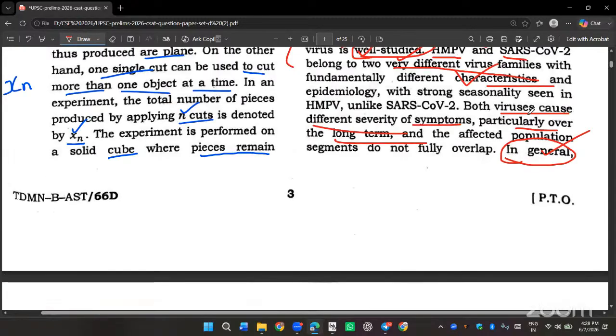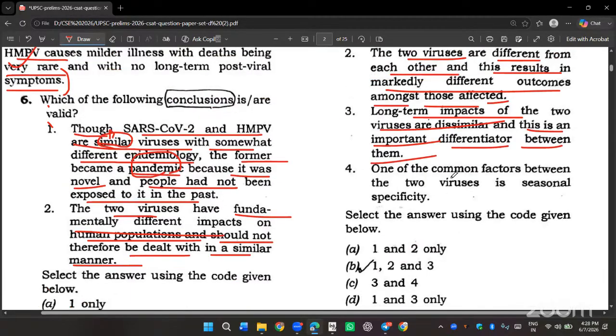Both the viruses cause different severity of symptoms, particularly over long term, and affected population segments do not fully overlap. So, from this, I can say both can be differentiated on this basis, short term impact, long term impact, like that.